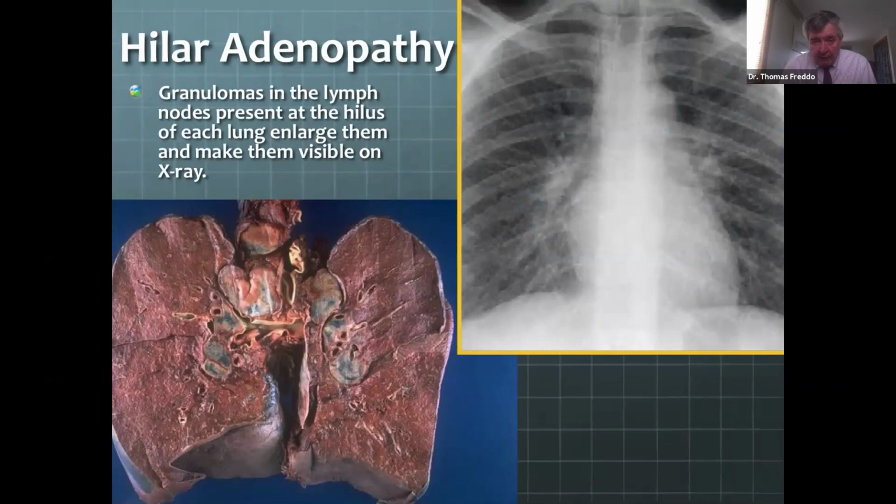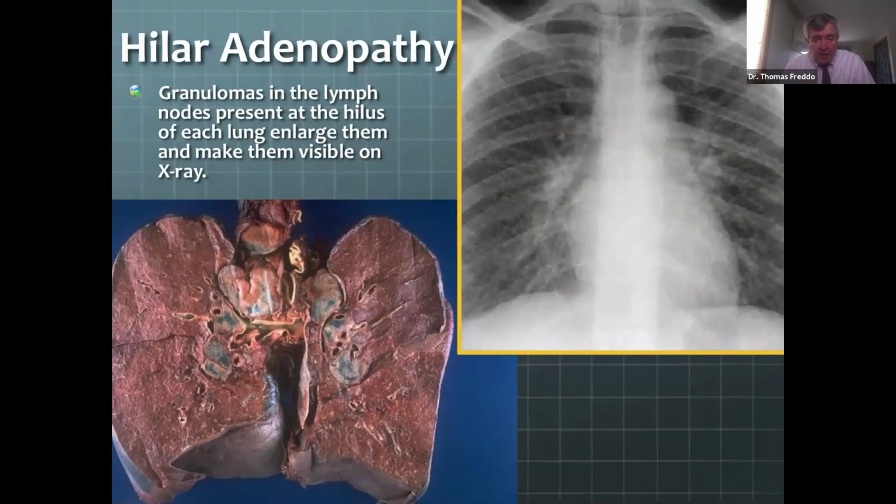This is, of course, hilar adenopathy. In this case, there are granulomas in the lymph nodes present at the hilus of each lung that enlarge them to the point that they become visible on a plain chest film or on a CT. So you can see around the cardiac profile there, and you can see the diffuse infiltration of the lung fields on the X-ray.